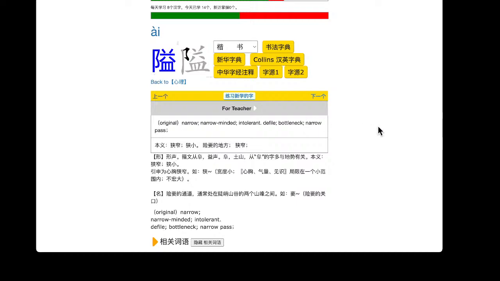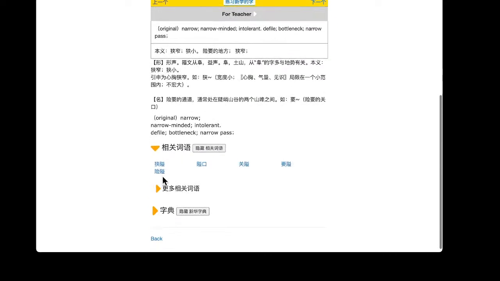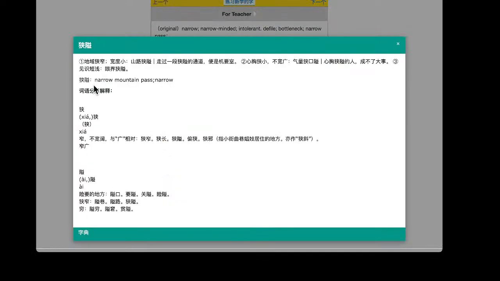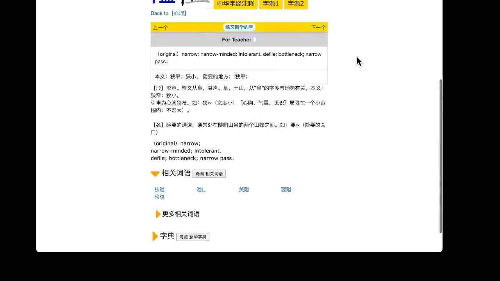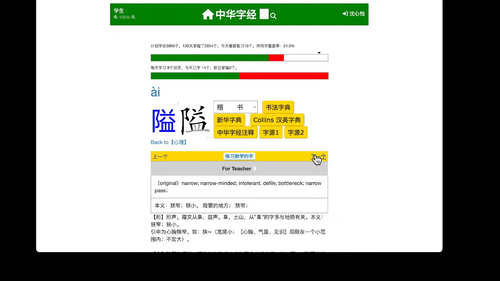That's this character's original meaning. Now 狭隘 together is a two-character word. 狭隘 means a narrow mountain pass, that's one meaning. But also, secondly, metaphorically, it refers to someone who is narrow-minded.